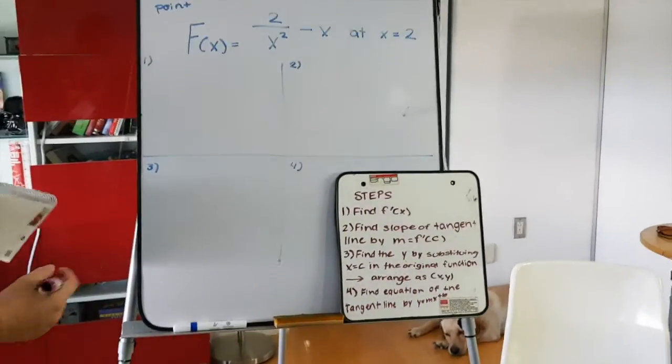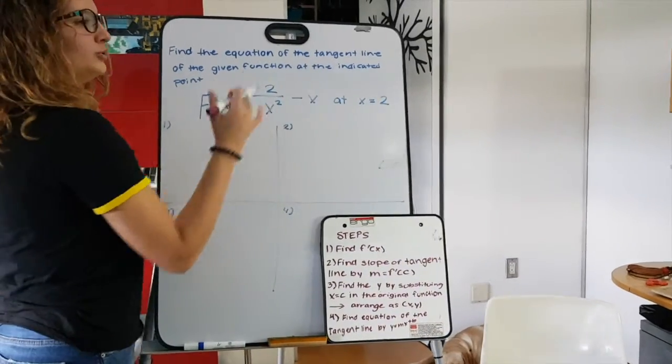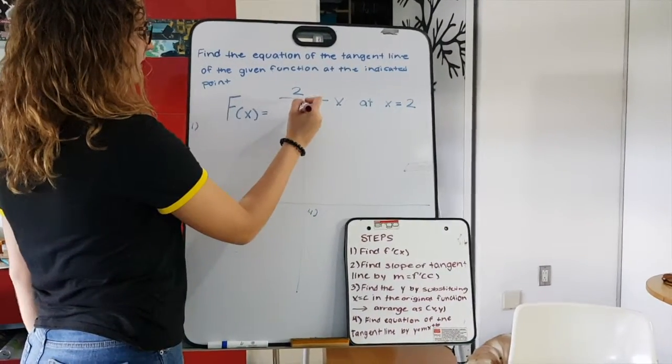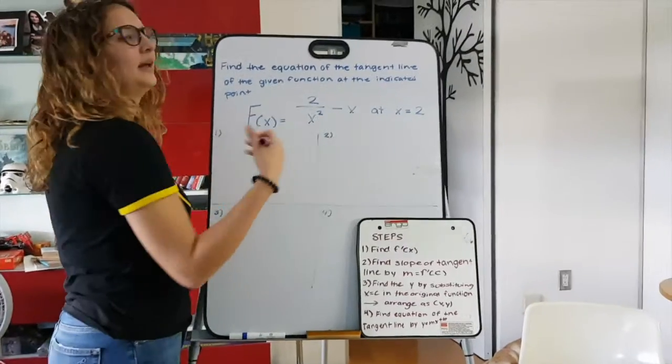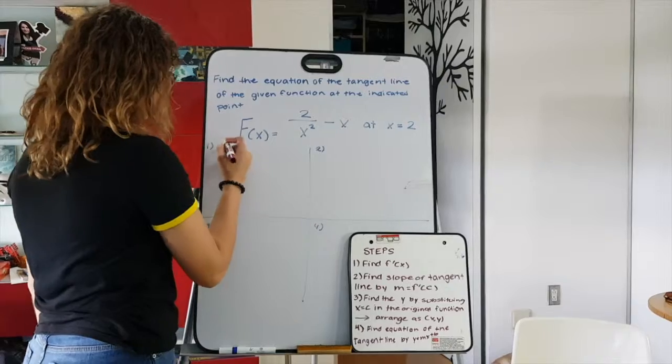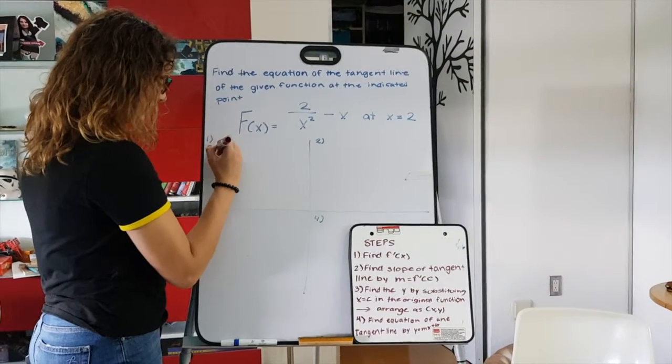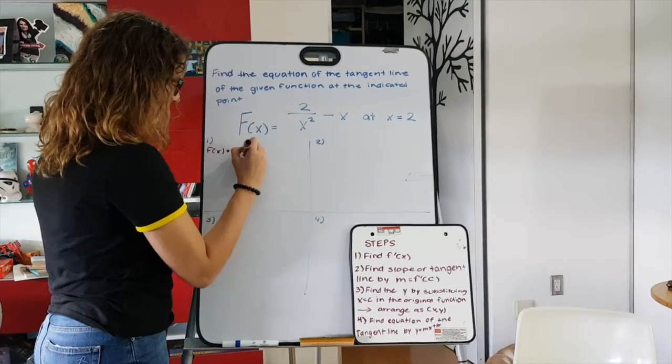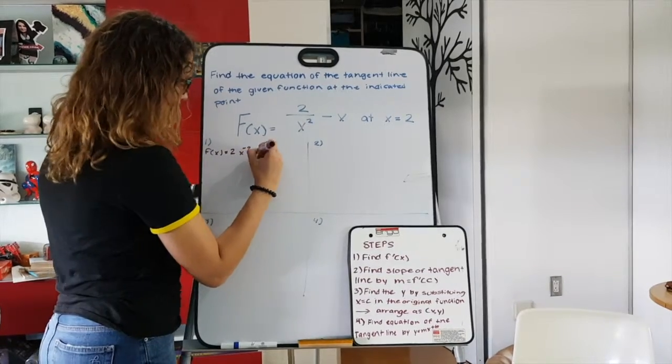So let's start. First of all, we need to rewrite it since there is an x squared on the bottom and there shouldn't be any variable exponent on the bottom, so it's going to be rewritten as 2x to the minus 2 minus x.